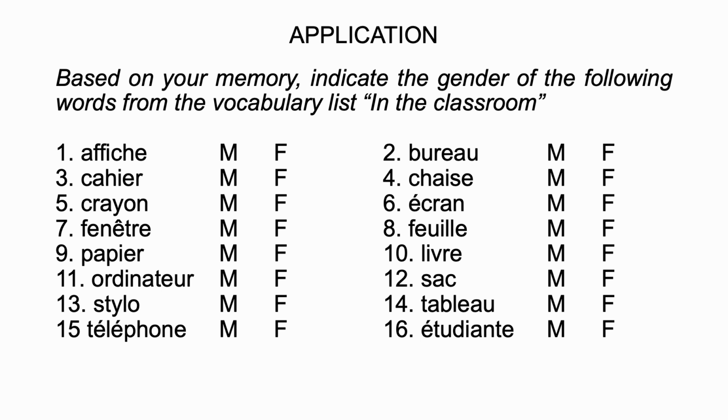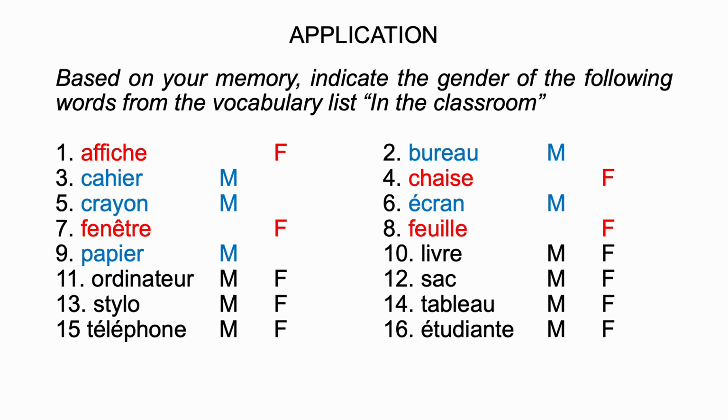1. Affiche est féminin. 2. Bureau est masculin. 3. Cahier est masculin. 4. Chaise est féminin. 5. Crayon est masculin. 6. Écran est masculin. 7. Fenêtre est féminin. 8. Feuille est féminin. 9.